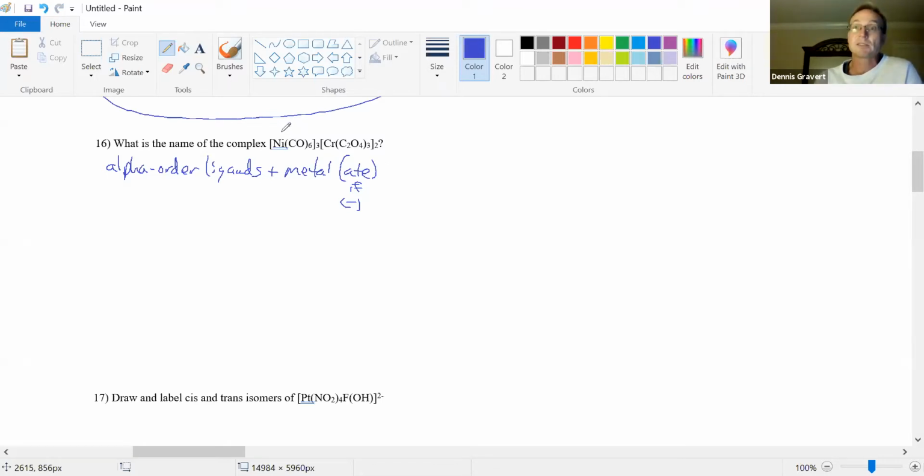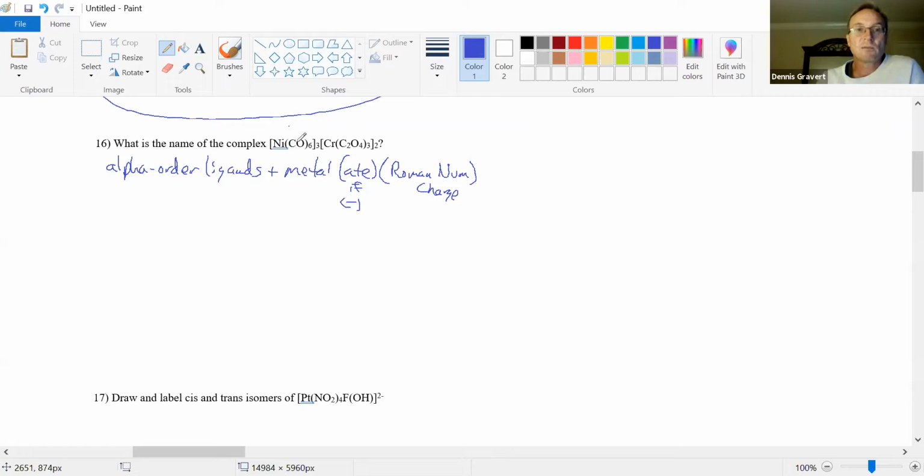The metal could have a plus charge on it, but if the whole complex is negative, then you have to add the -ate suffix. And then you need the Roman numeral for the charge of that metal ion. Yep, that's the format, if you will, for naming these.